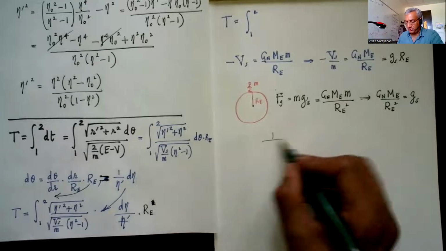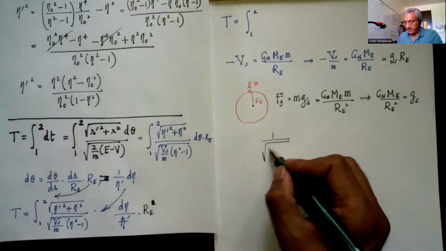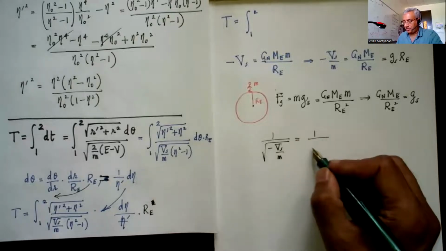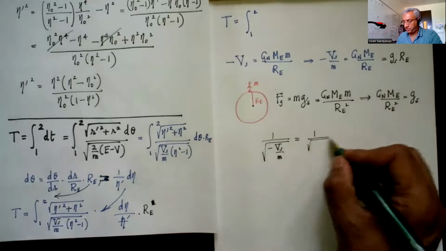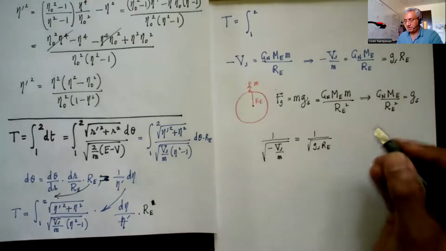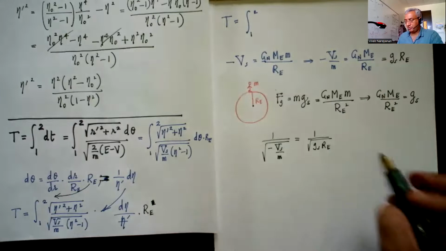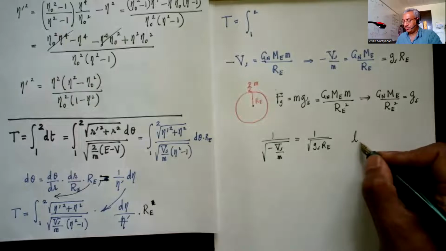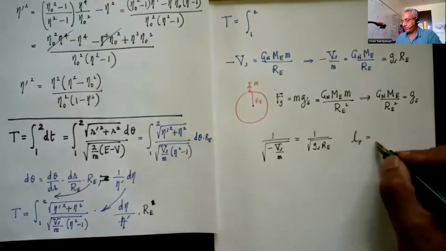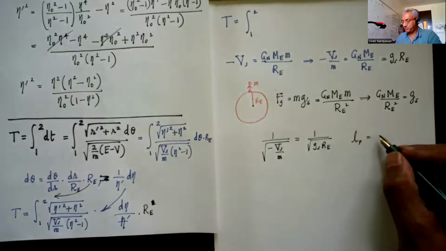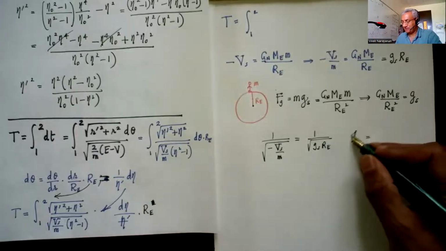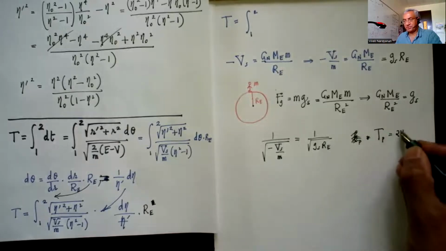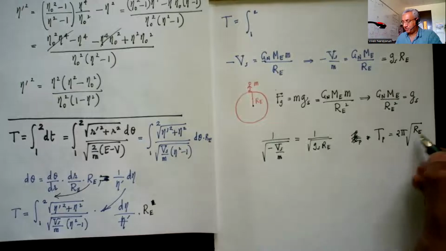So the upshot is 1 over the square root of negative v sub s over m, which is equal to 1 over the square root of g sub s r_e, is now going to combine with this r_e in the numerator to produce a very famous quantity known as the period of the pendulum, T_P, which is going to be 2 pi root the radius of the Earth over g.